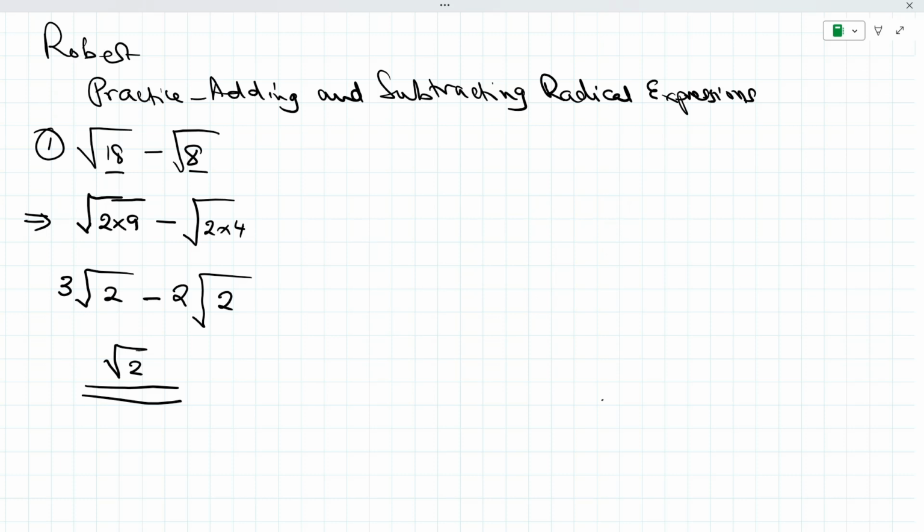Okay, now let's try another one, which is a little bit more elaborate, but doable. Example 2, and that is 2 into cube root of 81a to the power 4 plus a into cube root of 24a.